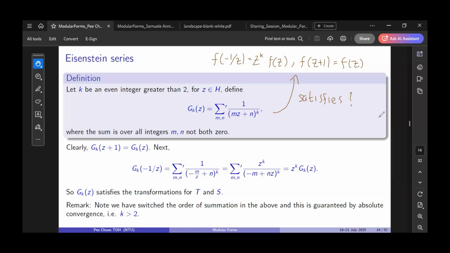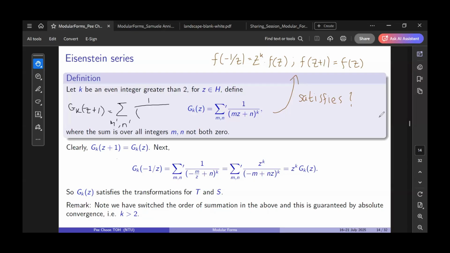wait, let me say that g_k(z+1) is like this: 1 per, let's say we use m' and n'.